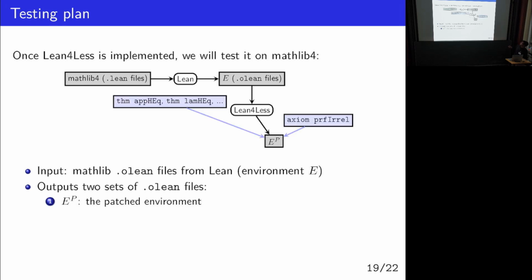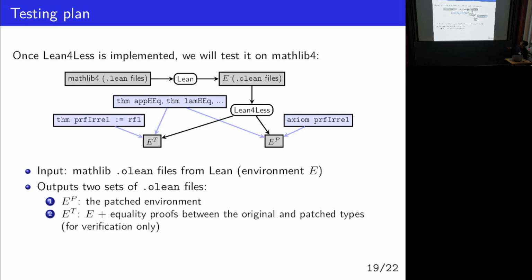Lean4Less will then output our patched environment that uses our proof of relevance axiom and our congruence lemmas, among some other things possibly. And for verification purposes, we'll also output a special environment that is the original environment, but with equality proofs added between all of the original and patched types of all the constants we had in the original environment.